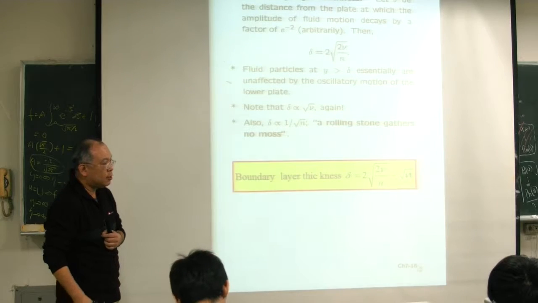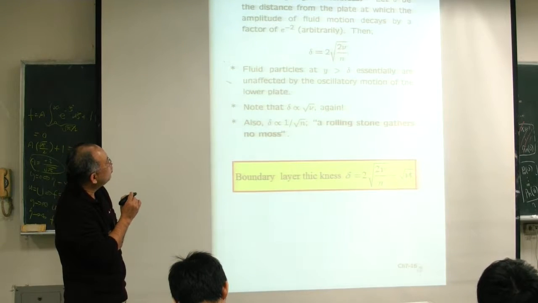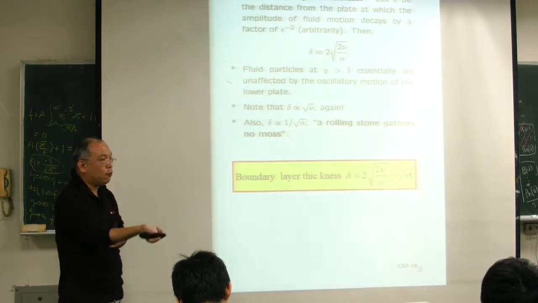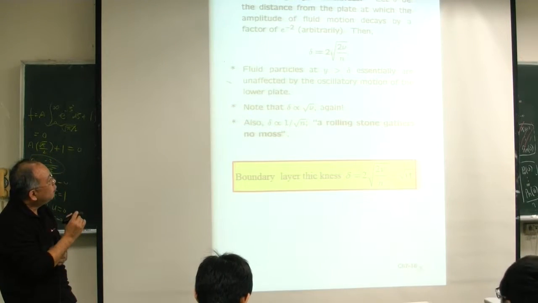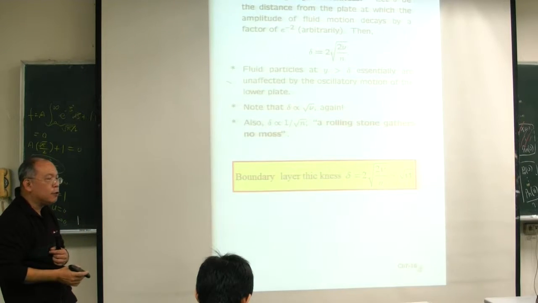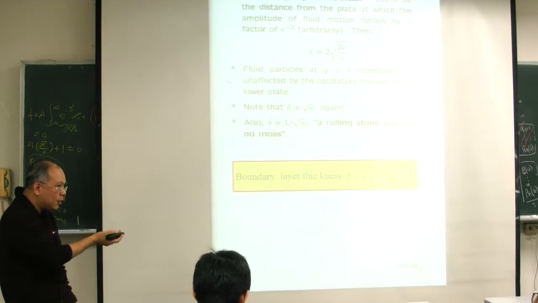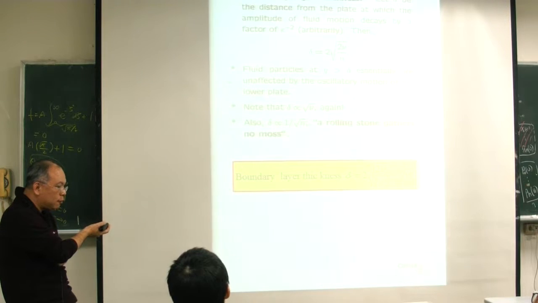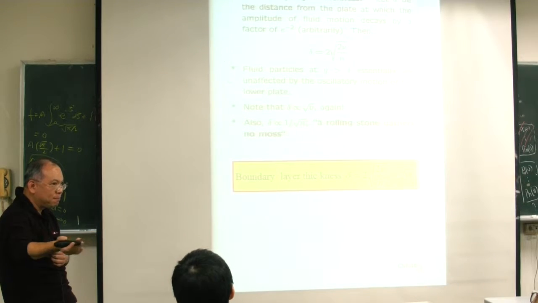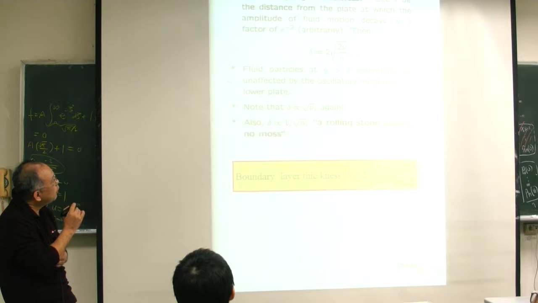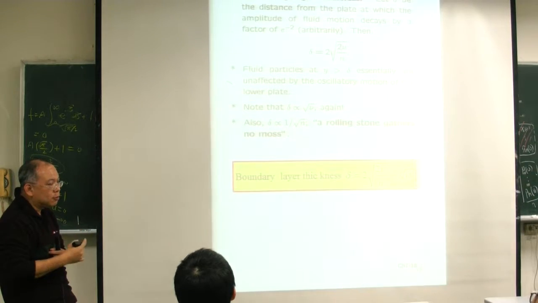As you can see here, mu is a constant if you choose one viscosity for the fluid, and the only change is the n here. n is a frequency. If you oscillate very slowly, say once per second, 1 hertz, our penetration depth will be very large.